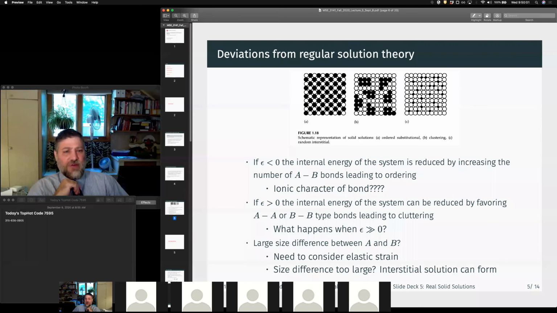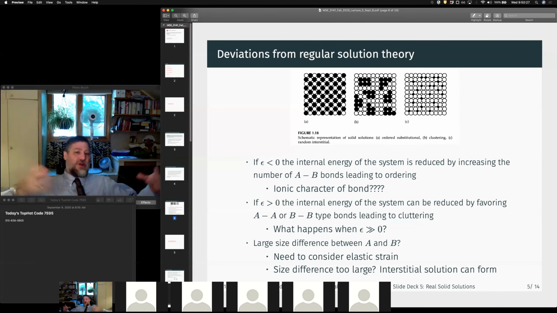So when we have clustering like this, we're going to have different bond stretch between white and black as we do between white and white and black and black. That means we're going to have an elastic strain field around all of these clusters, and that elastic strain field can perhaps extend much farther than the size of the cluster itself.